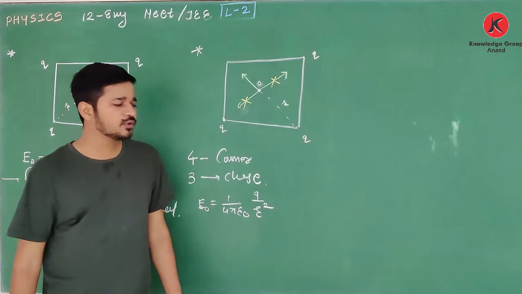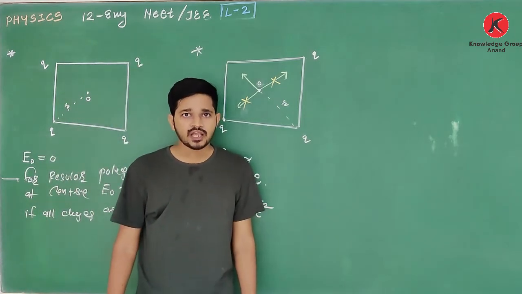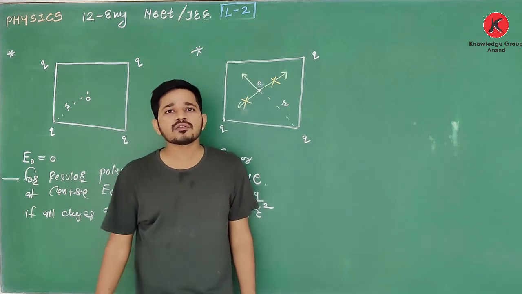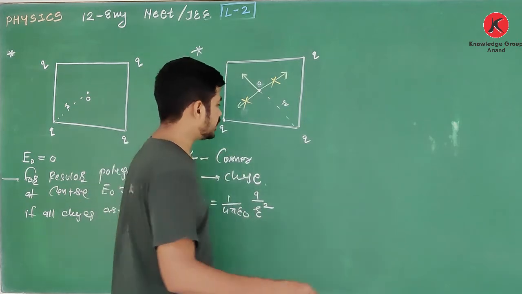So if you are given a polygon of n sides and charges are placed on n minus 1 corners, then what is the electric field at the center? See here.